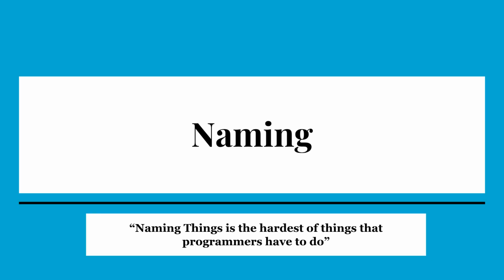So let's start with naming. And here is a quote saying that naming things is the hardest of things that programmers have to do. Naming is the easiest and hardest way to express ourselves and to show the intention of what our code should do without looking into details.